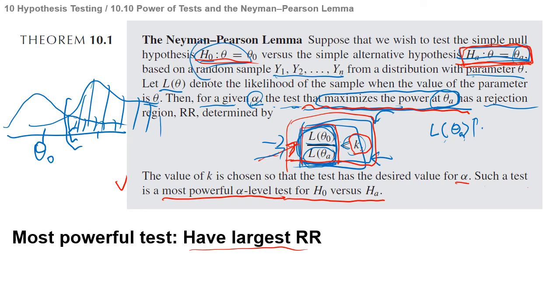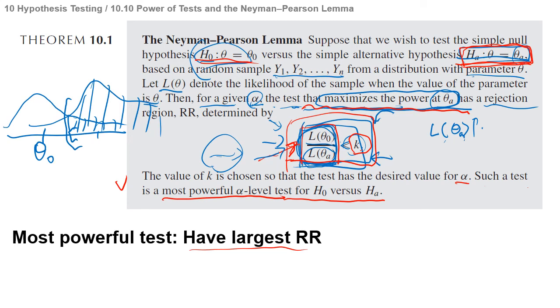Given the situation, if we take our test statistic this way, then it will give us the maximized power, and so this is a good thing to use. Most of the time you want to reject the null hypothesis, and if we pick our test statistic this way, then it has the maximized power, so we have good reason to use this one.